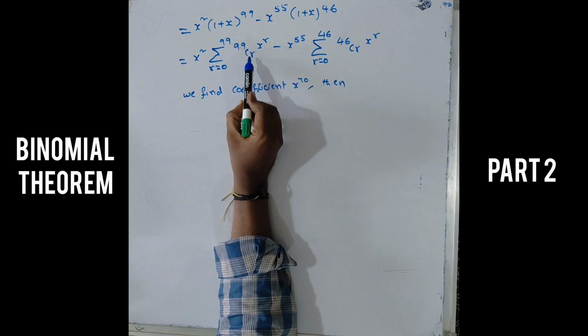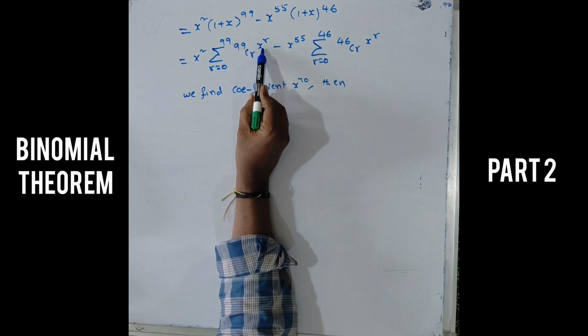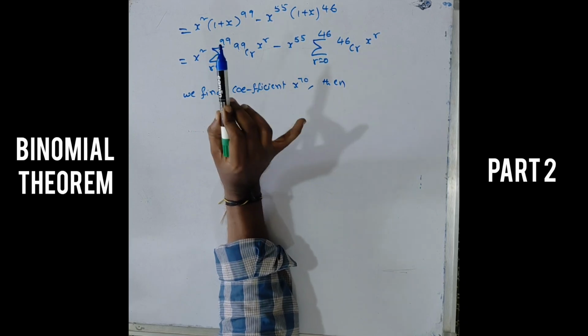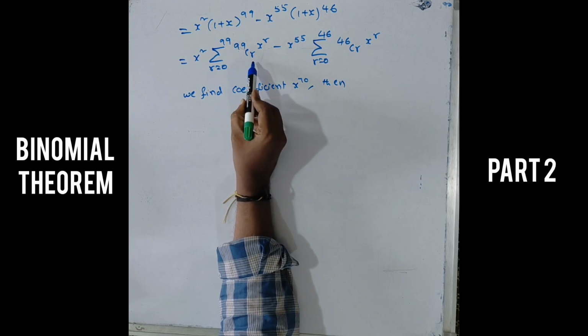So 99C68 x^68 into x^2 gives x^70. So the r value is 68.